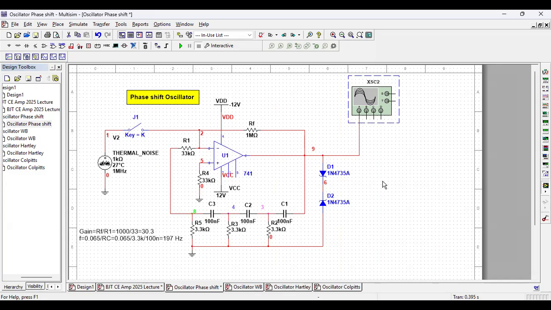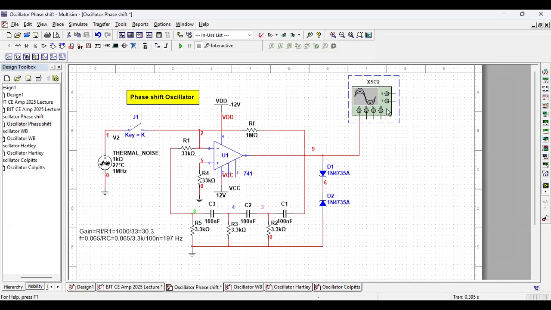Now, when I am simulating this in my computer, there is no noise. So oscillation does not start. So if you are simulating this in your computer, then add a thermal noise element here. And for starting of the oscillation, just close this switch and then you open it, it will start oscillating.